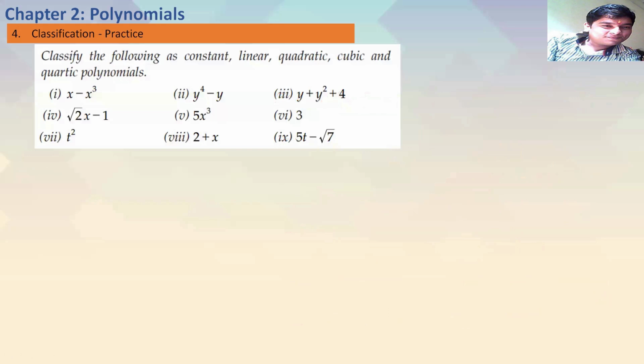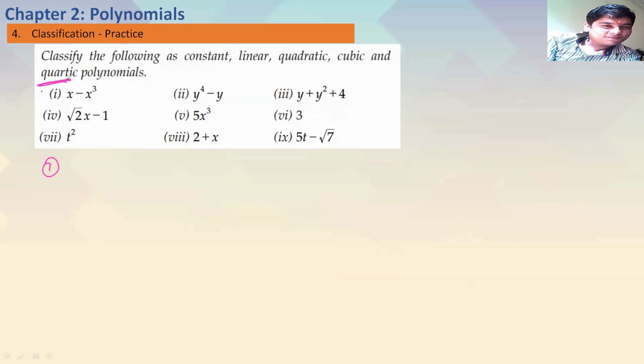Okay, let's classify. What is the first one like? Constant, linear, quadratic, cubic. I can't hear you. You don't see the question. Okay, classify. First one, x minus x cubed, it's cubic. Quartic and biquadratic are the same thing. So the first one is cubic.